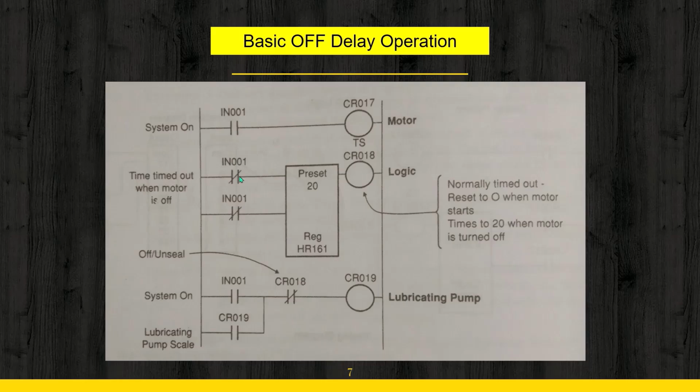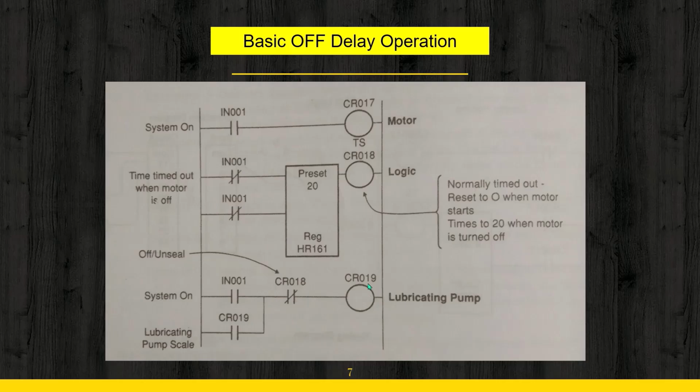Now you see that once this is off, counting starts, and when these 20 seconds are over, this coil is activated. When this coil is activated, this NC becomes NO. That means this contact becomes broken. When this contact is out, the lubricating pump will be off. So when we put this off, after 20 seconds the lubricating pump will be off.